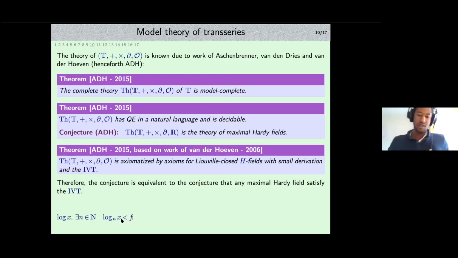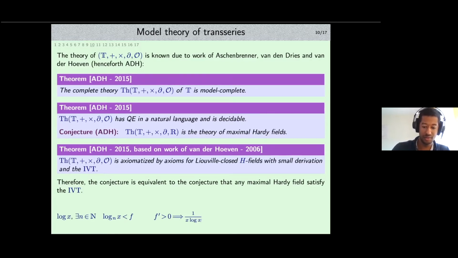And this implies, because of the properties of the derivative, that if a function has a positive derivative, for instance, then the function must be greater than such products. And so this tells you that you have cuts in transseries.